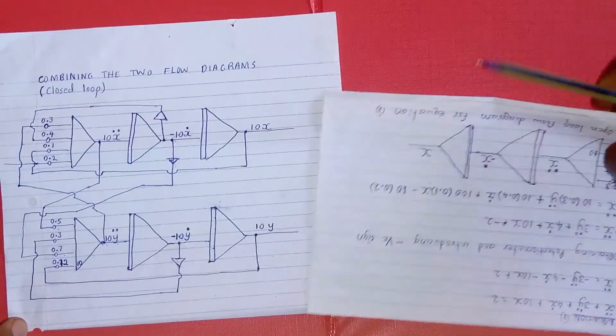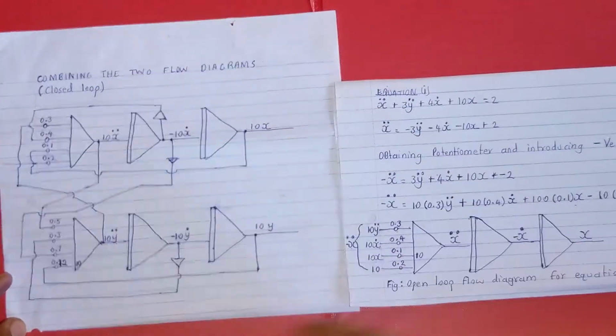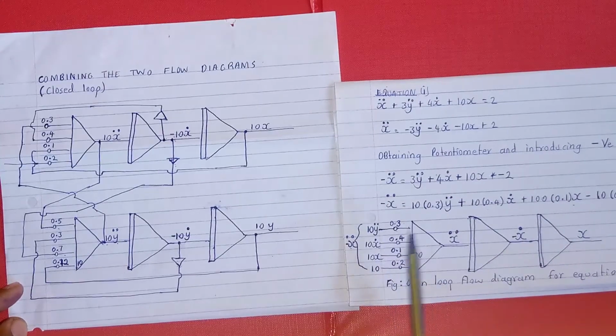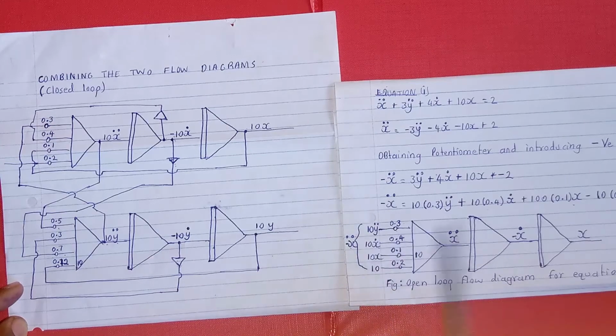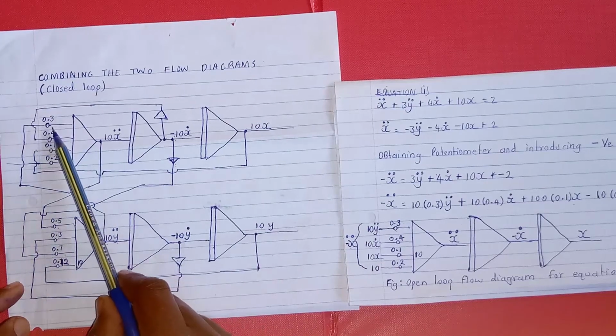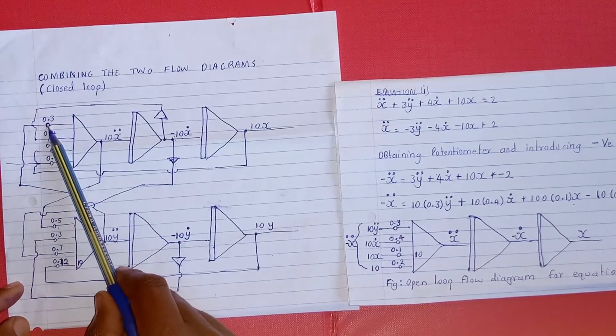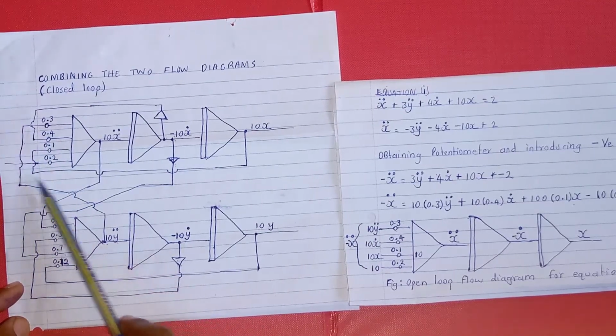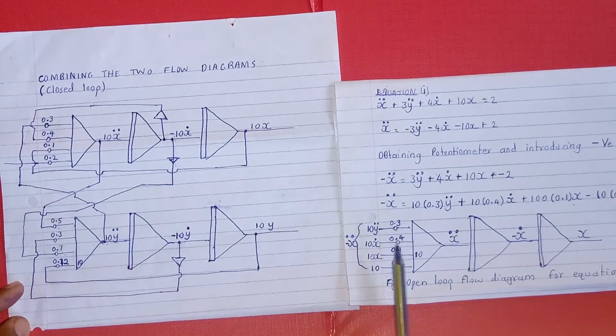Now let us proceed to the other diagram, which is of the second equation of our first equation. Now the gain here 0.3, which has a factor of 10 second derivative of y, will be plotted here. So we'll try to match it with where we have a second derivative of y.